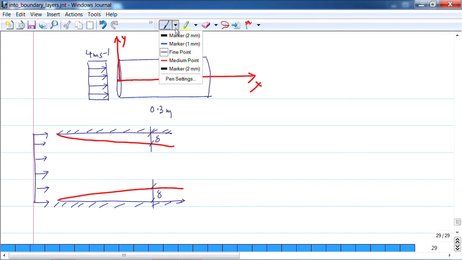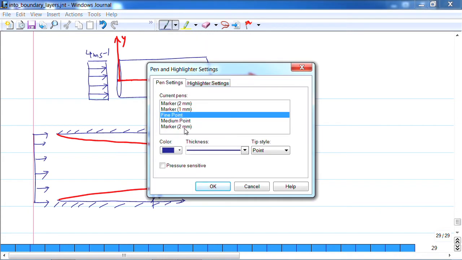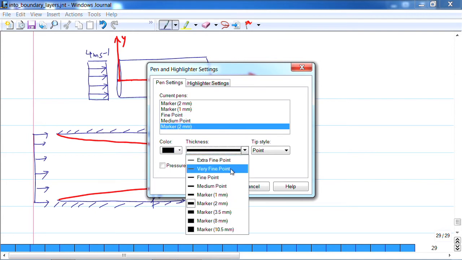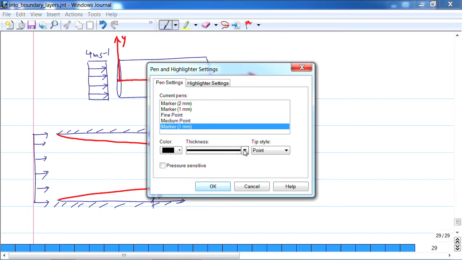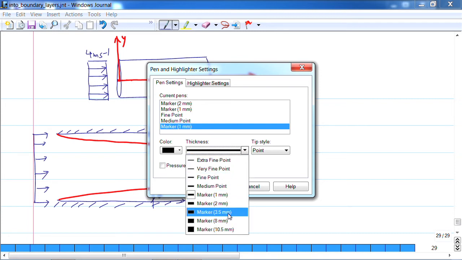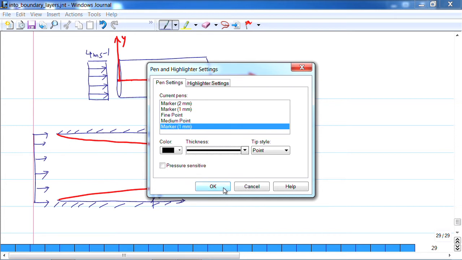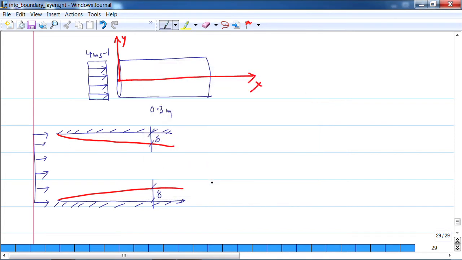So, therefore, I have a streamline, say from this particular point, right.